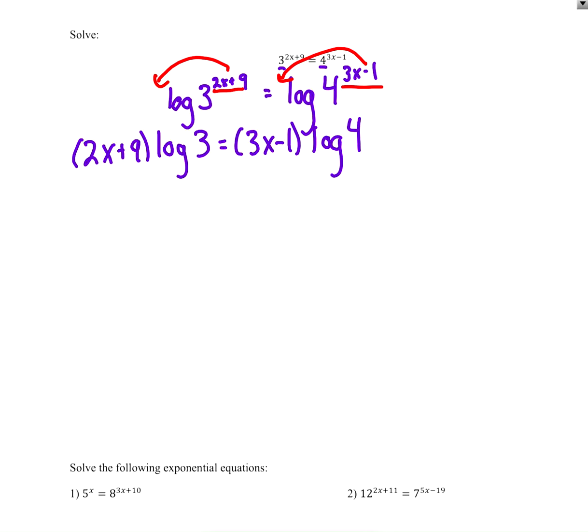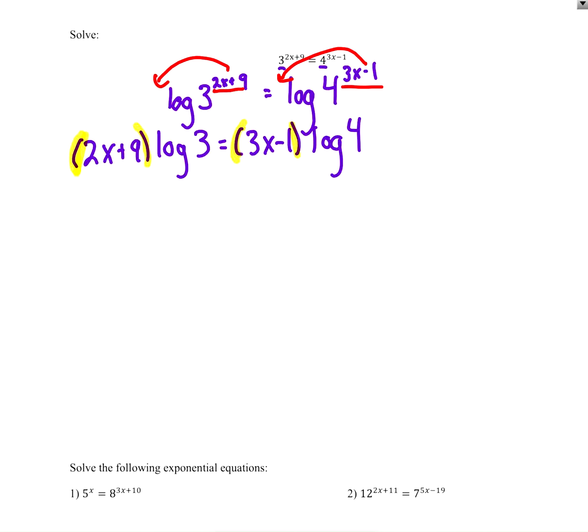I'm going to highlight something. It's very important that we use those parentheses there. So these parentheses and these parentheses. If you don't use those parentheses, then you're not going to distribute 2x plus 9 with log 3, because that's what you need to do.